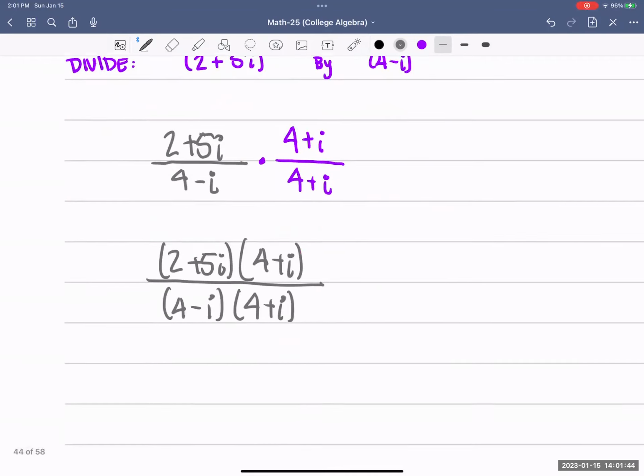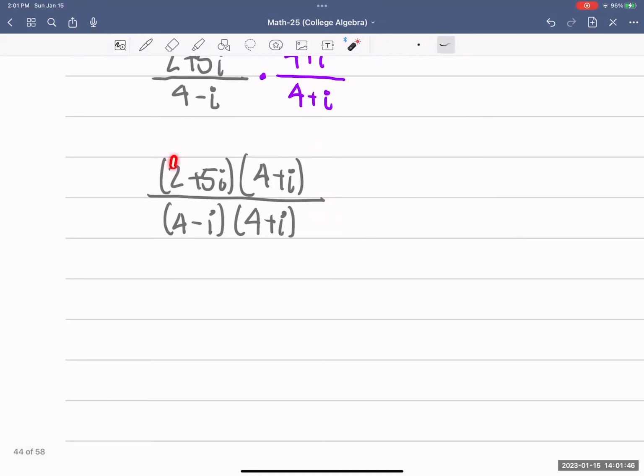All right, starting off with the numerator. So we have 2 times 4, that's 8. 2 times i, that's 2i. 5i times 4, that's 20i. And lastly, 5i times i, it's going to be 5i squared.